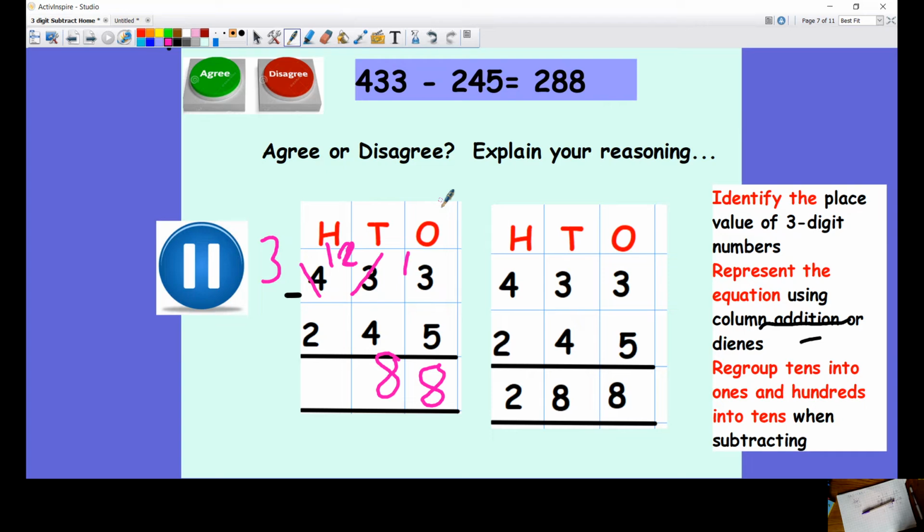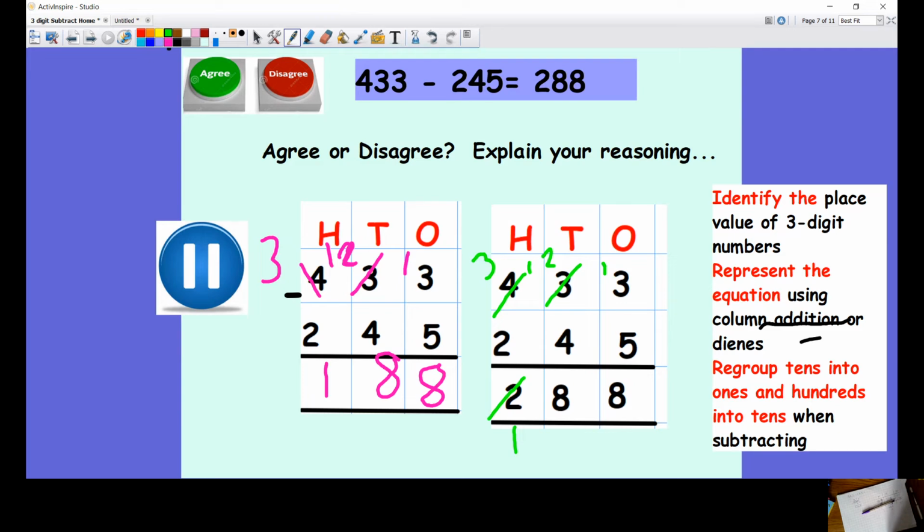So we've regrouped from our hundreds into our tens. So we've already taken away one of our hundreds. So 3 take away 2 is equal to 1. Aha! By not doing our regrouping, we have made our error because we didn't realize where we had to change and put your different numbers in.